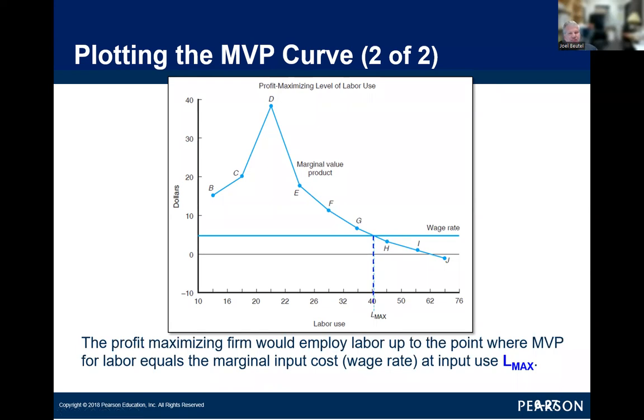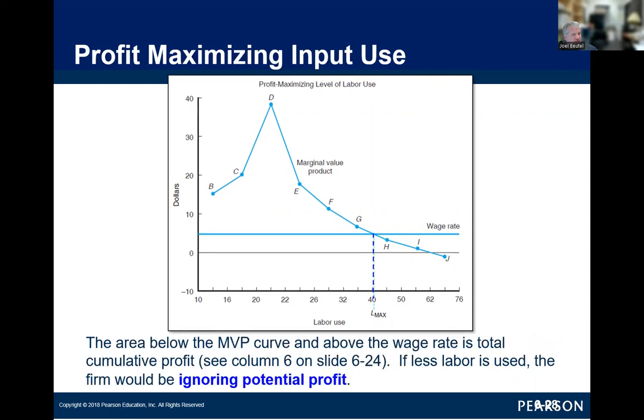So this profit maximizing firm doesn't want to use less than 40 workers because you'd make more money, and you don't want to use more than 40 workers because you're going to lose money. So the area below this curve and above the wage rate is total cumulative profit.